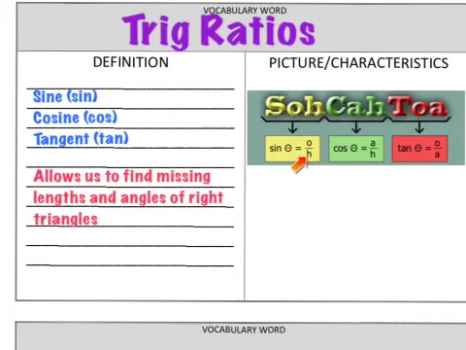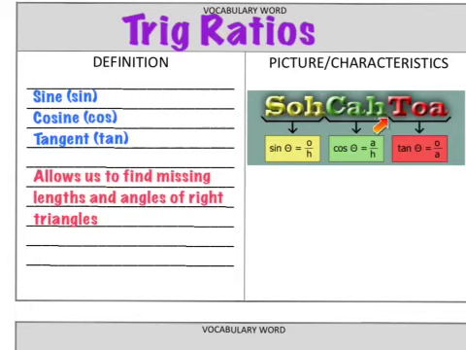So we will use SOHCAHTOA to help us remember that sine is opposite over hypotenuse. And the CAH part is cosine. The C stands for cosine, and that's adjacent over hypotenuse. And then we have T, that's for tangent. So tangent of theta is equal to opposite over adjacent.